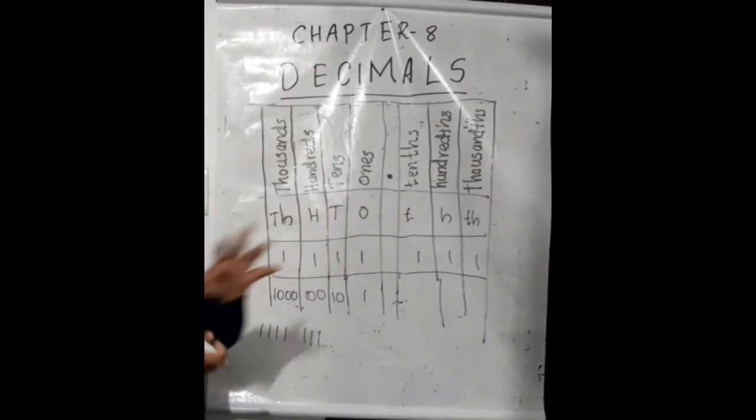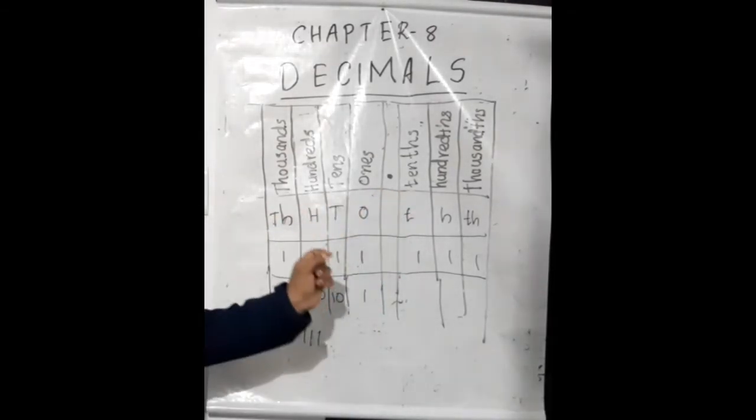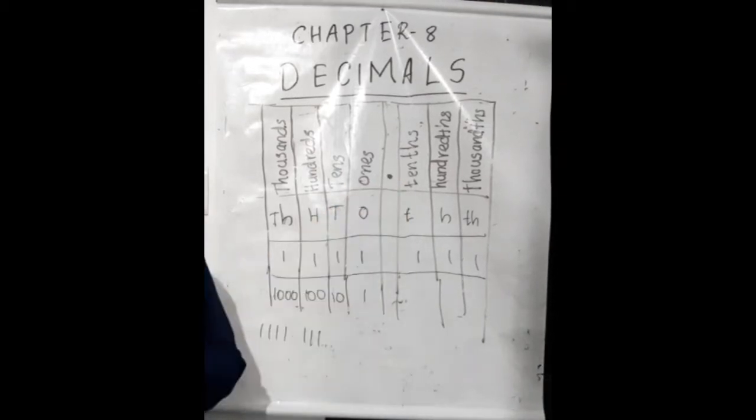Then what will be the place value of 1 which comes just after the point?